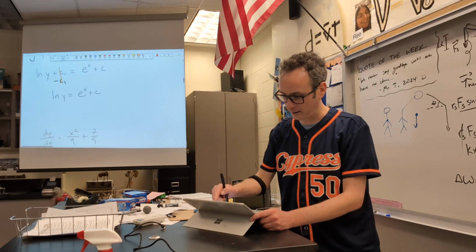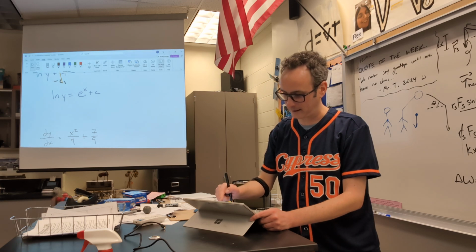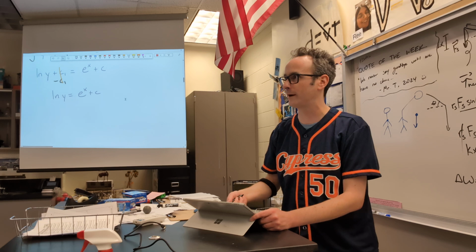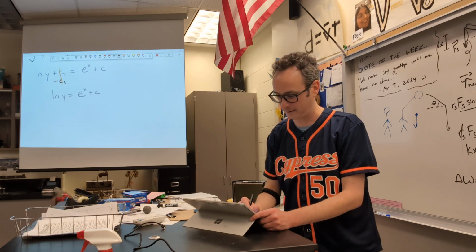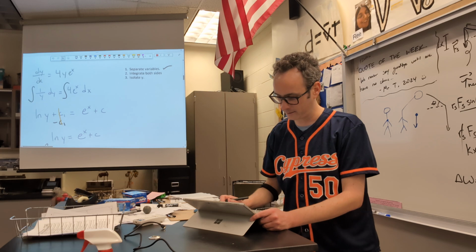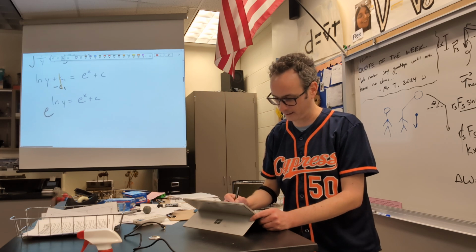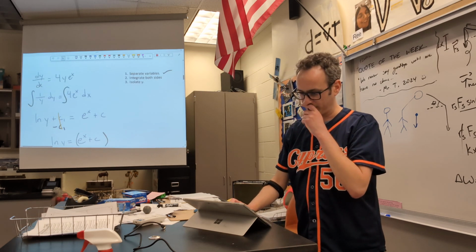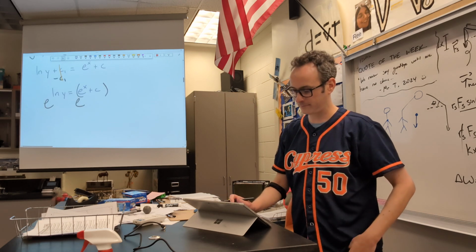And then lastly, so this is the natural log of y. So I'm going to raise everything to e to undo that natural log. Whoa, wait. Okay, e to the x. Did I make a mistake? I don't remember doing that. Natural log? No, e to the x. Okay, all right.